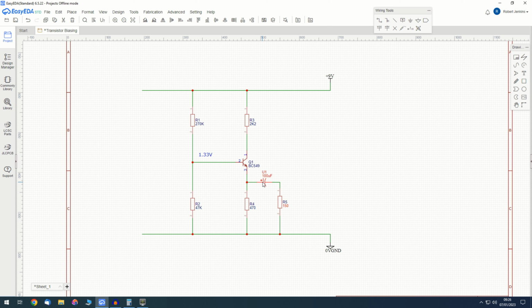Obviously, if you use a 0.1 cap, say, there, then the low frequency gain would roll off quite rapidly, because that's got a very high impedance at low frequencies. At the moment I've got a 1000 microfarad there, which is probably a bit excessive, but there again, it's now down to a 33 ohm resistor, so it may not be.